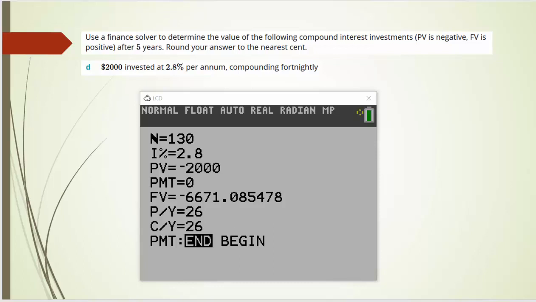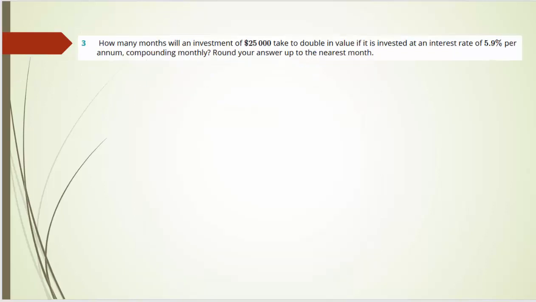Alpha Solve. There we go. After 5 years with 2.8% added every fortnight, the value of my investment is now $2,300.37.